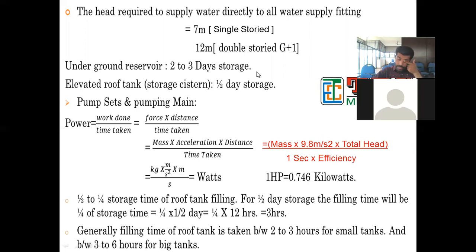Now there is a formula. This we have studied from childhood itself. You have to find the power of the pump set, that is the pumping main. Pumping main means the water that you are pumping from an underground tank or a well or a borewell or whatever source, to the overhead tank.